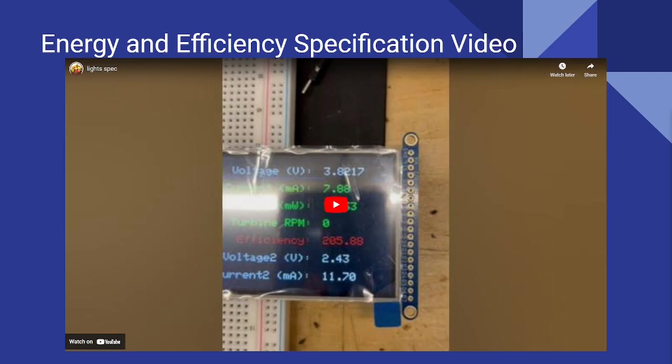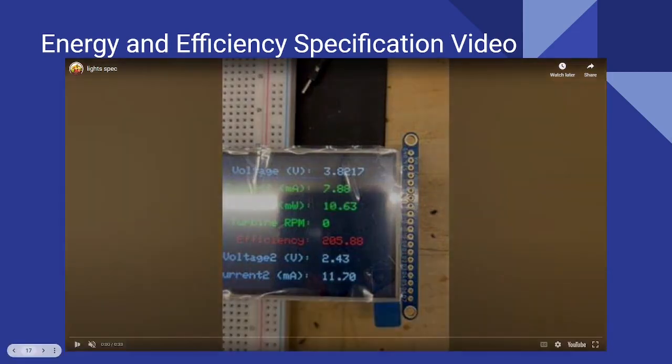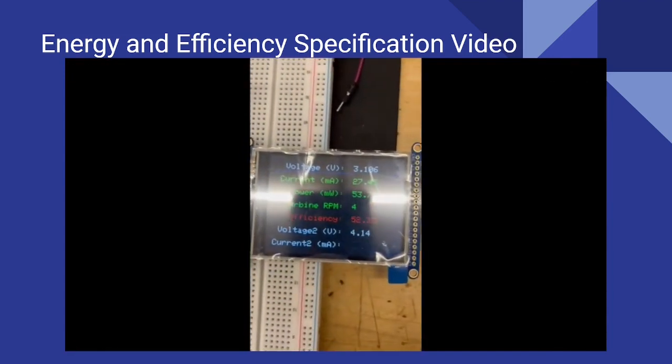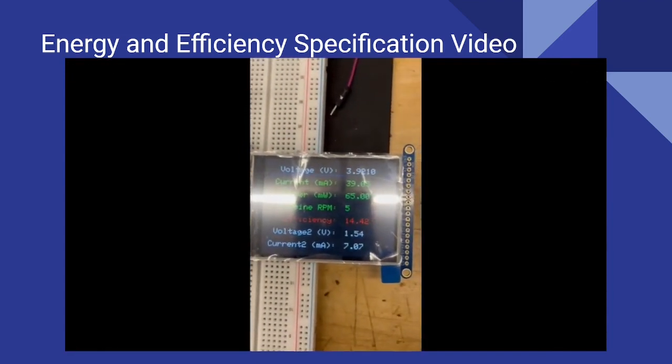For the output power and regulator efficiency specifications, the LCD values were recorded while having the LED strip as load and hand cranking the motor.